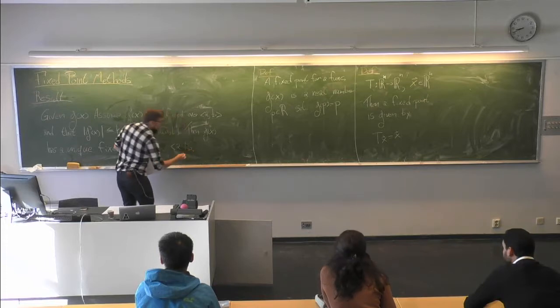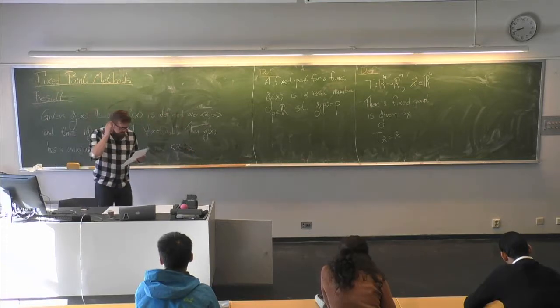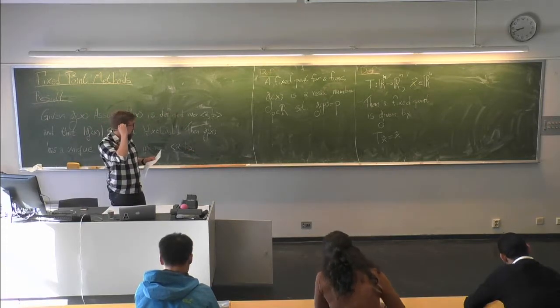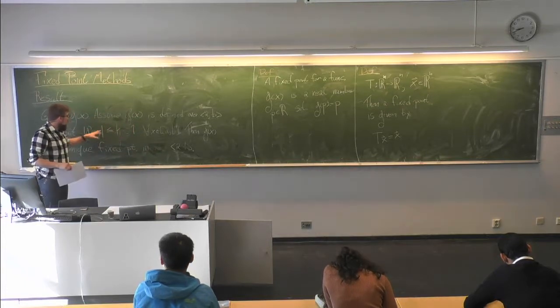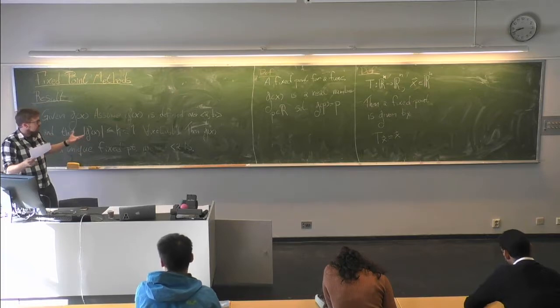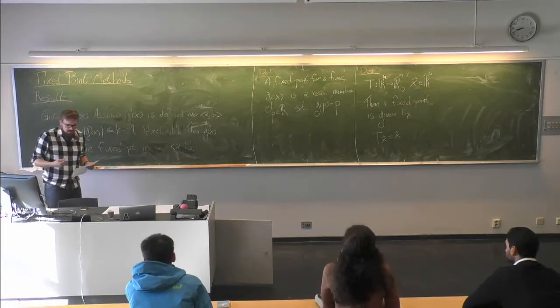Okay, how can we use this? So we can look at the derivative of the function. If this is less than 1 inside this interval, then it has a unique fixed point inside there.